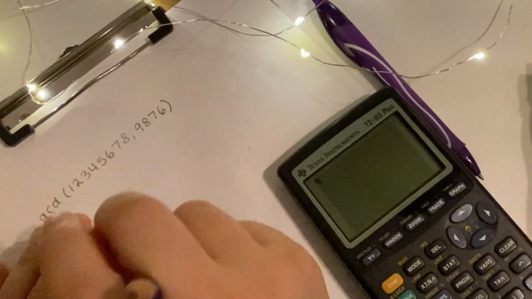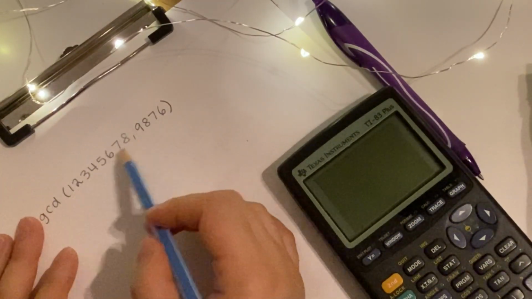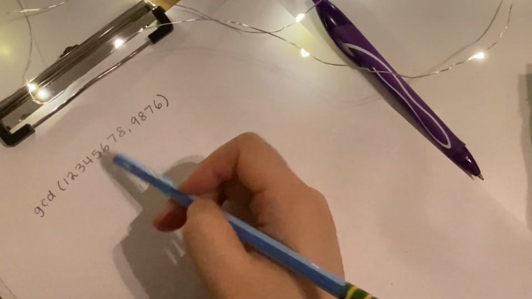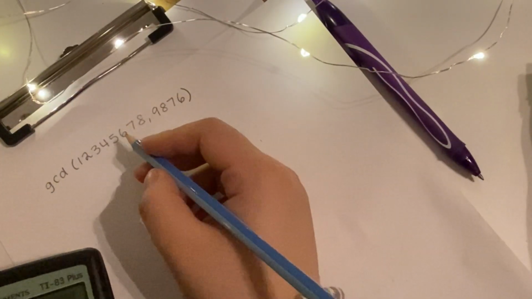So imagine if we tried to do the prime factorization method for this. That might take forever trying to factor this. Just keep dividing out 2's or 4's or whatever. But instead we're going to run this algorithm.